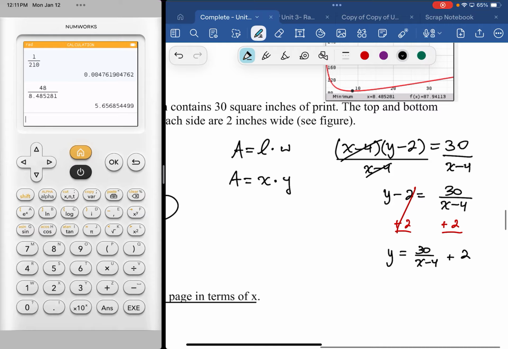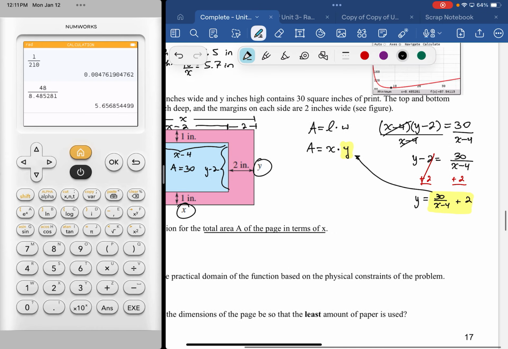Now I have an expression that relates x and y, which means I can swap out the y in my area function for this monstrosity of an expression, but at least it has an x in it instead of a y. So I'm going to make that substitution.